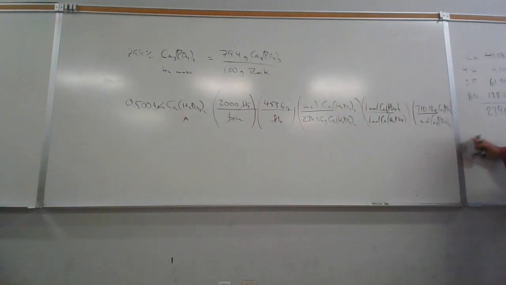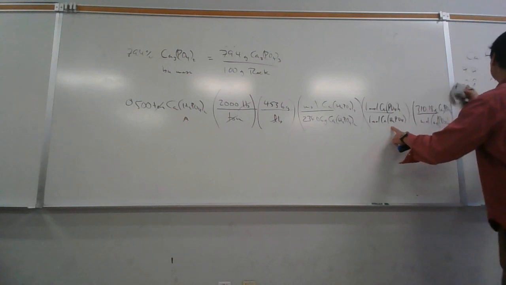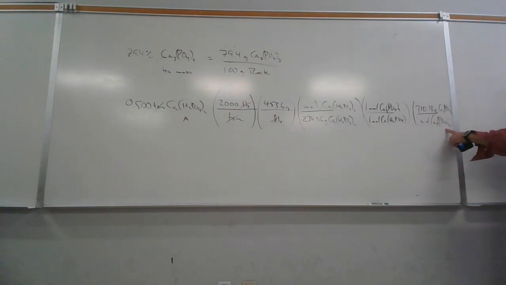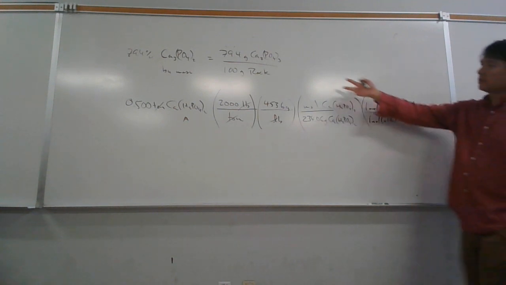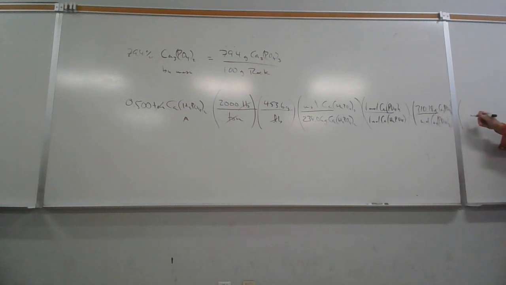So I go from grams of A to moles of A, moles of A to moles of B, moles of B to grams of B, but this is grams of pure B. We have a mixture though. And this is our mixture here. And so I'm going to cancel out the calcium phosphate. So I'm going to have 100 grams of rock for every 79.4 grams of calcium phosphate.